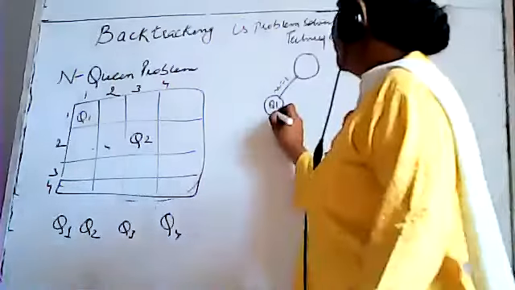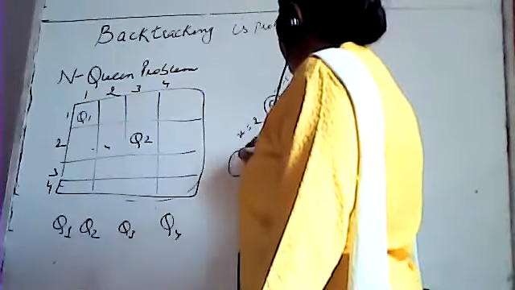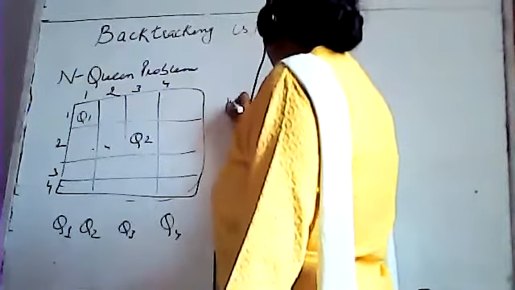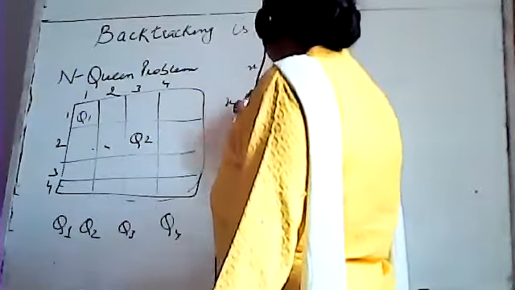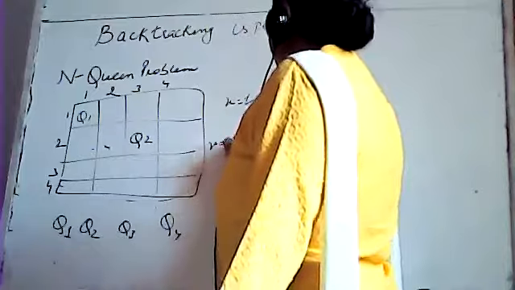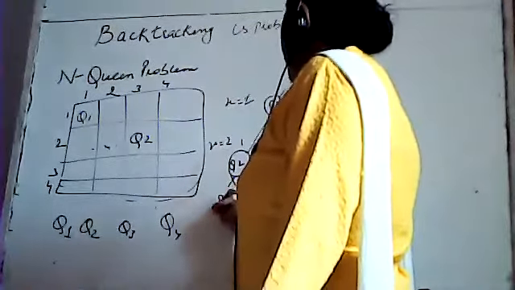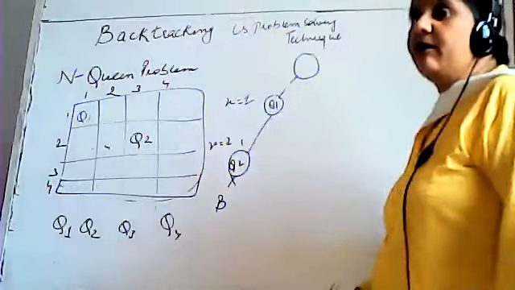Okay, x1 is equal to 1. Then x is equal to 2. Where do I have to put Q2? For x is equal to 2, at location 1 we cannot put, I will be stopped by the bounding function because they are in the same column.